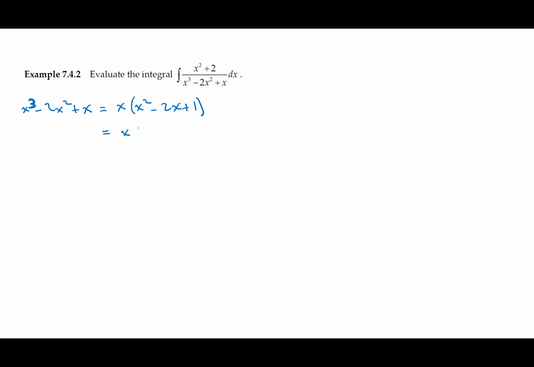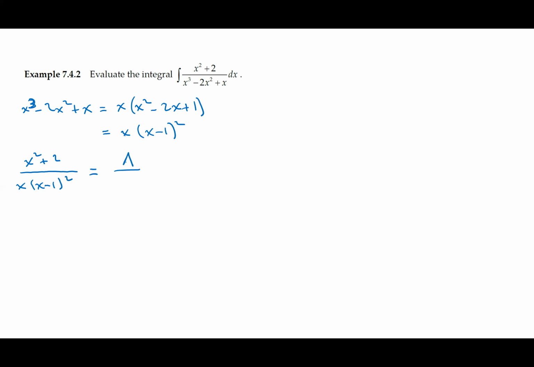And so I get x times (x minus 1) squared. Well, what I'm going to do in this case is this.